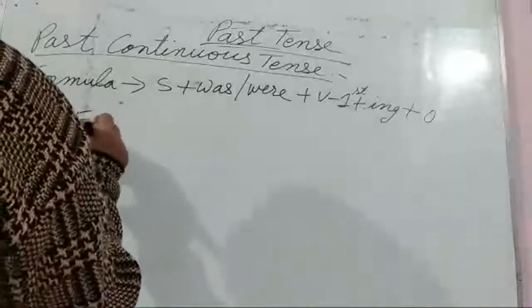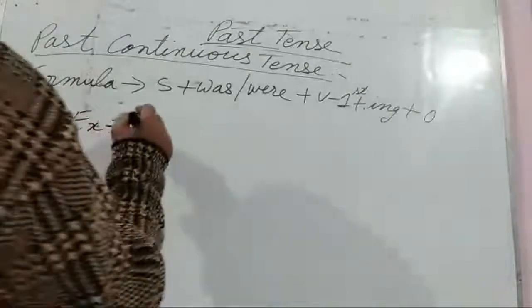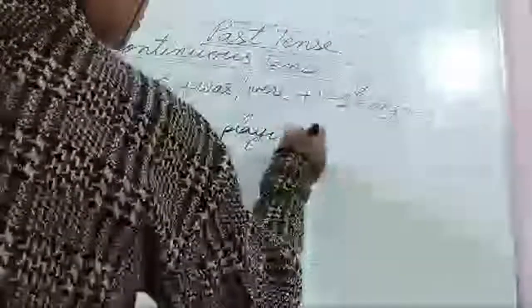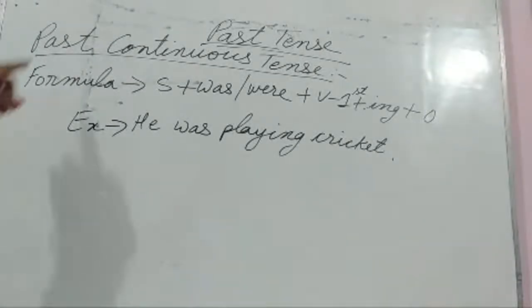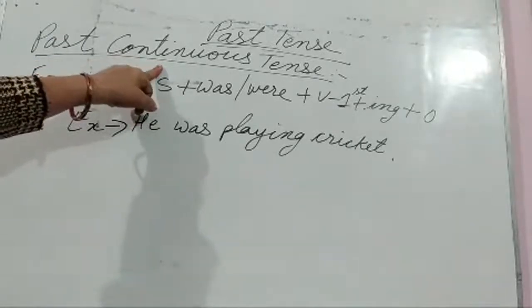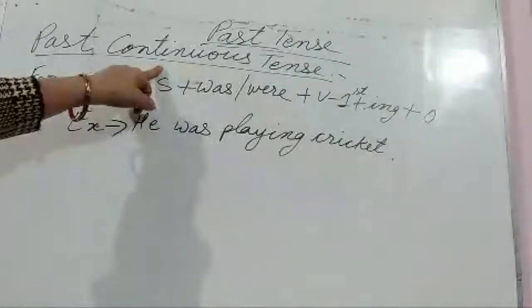The example related to past continuous tense is he was playing cricket. As I told you, past continuous tense tells us about the action which has begun and continuing in the past time.